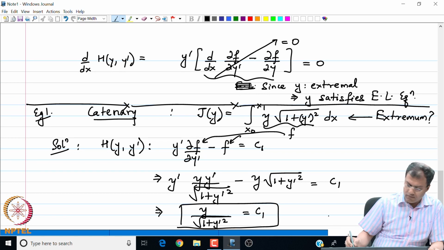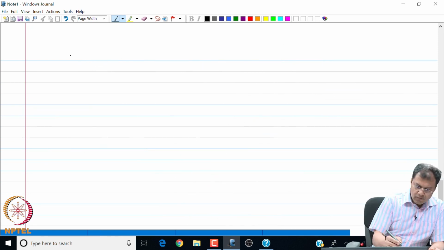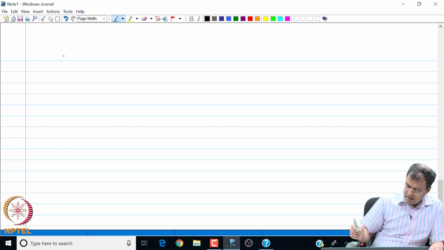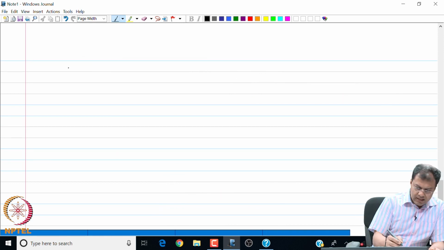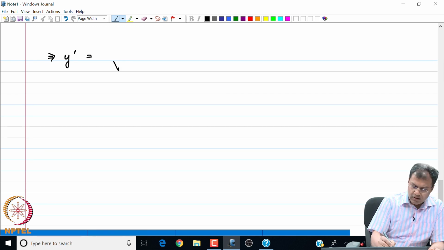Let us integrate this equation. Let me first separate out y prime and write y prime purely as a function of the other quantities y and C1.